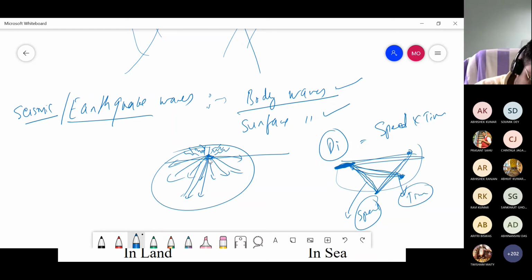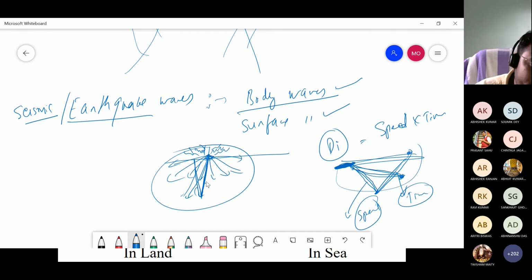Similarly, seismic waves. They generate waves in which the intensity or the speed of the wave is known and the time is also known. So we can find the distance.